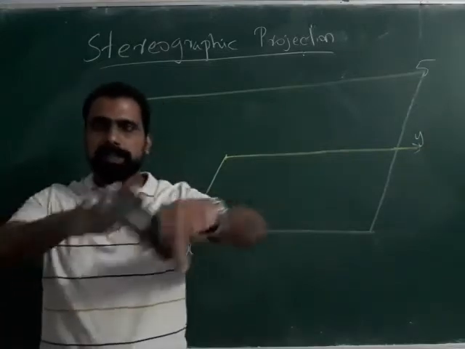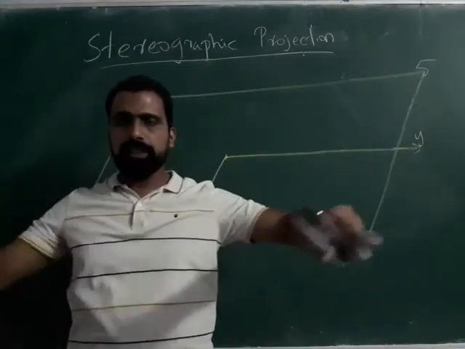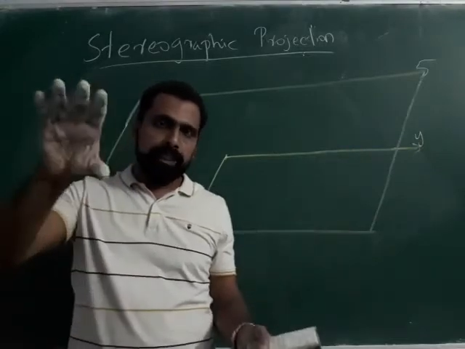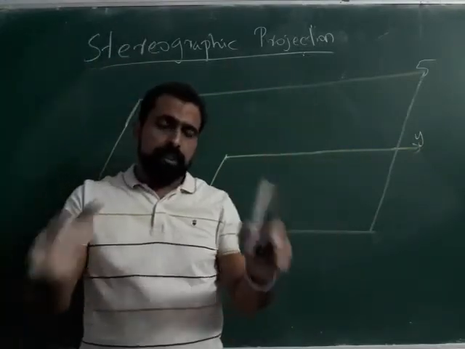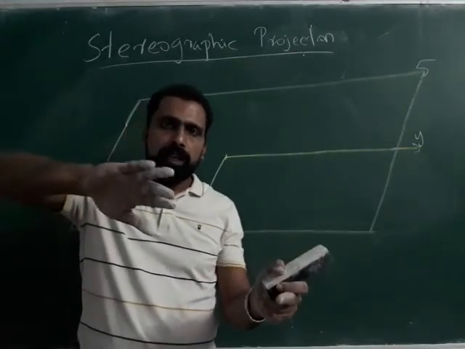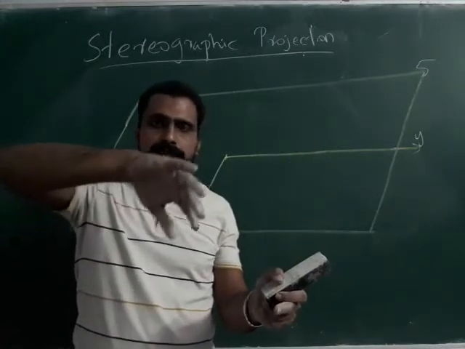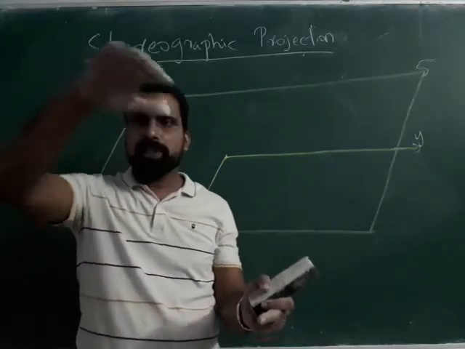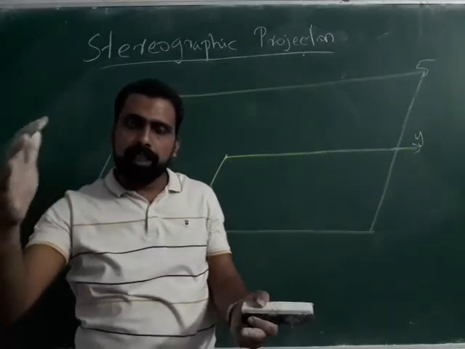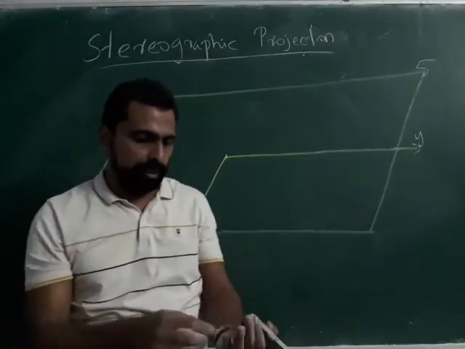You just imagine like you have a table and I spread this my complex plane on it, and I am taking a unit sphere. This unit sphere, how am I keeping? First hemisphere, that half part of the sphere on the top of your table, and other half on the bottom of your table, like that.